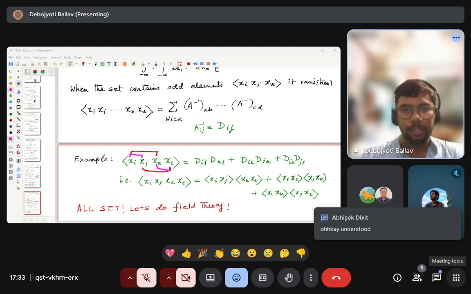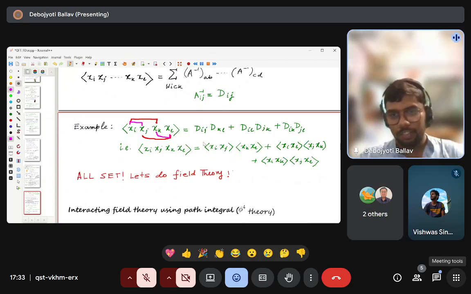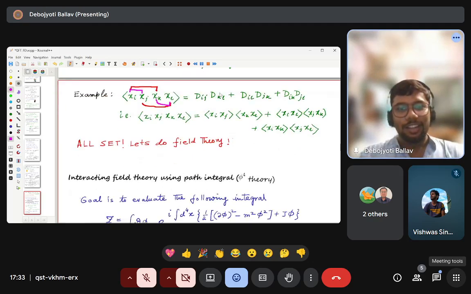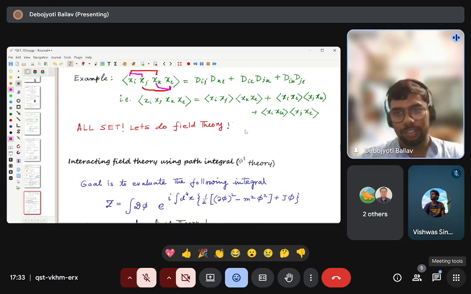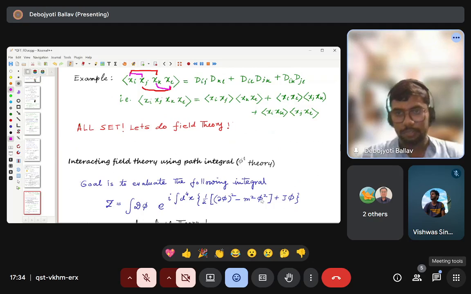Okay, fine. So let's do field theory. Now we'll jump into interacting phi-4 field theory in path integral methods. The goal is to evaluate this integral. This is exactly the integral that comes in phi-4 theory. This is what is phi-4 theory, and this is what is the phi-4 action.